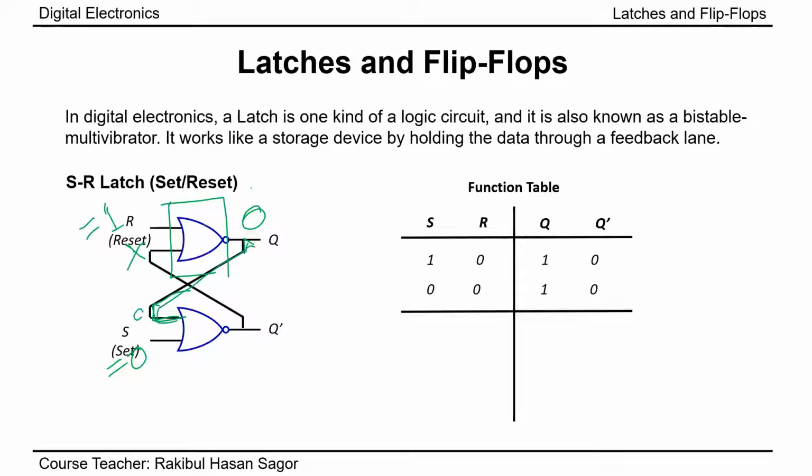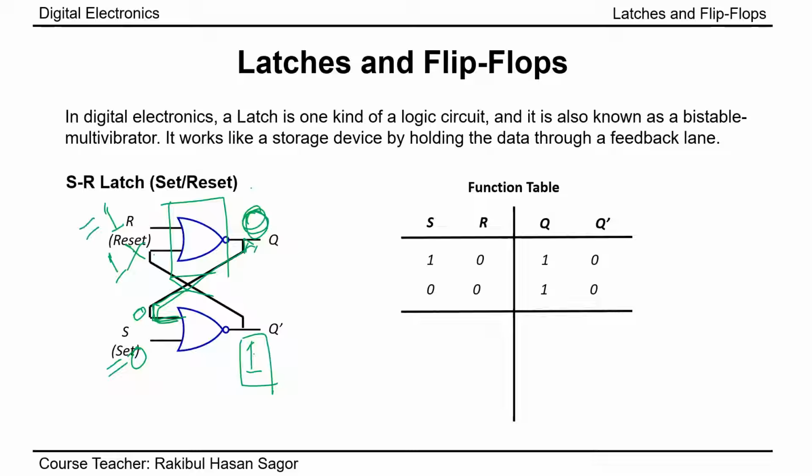Now here we'll have 0 and s equal to 0, another input is 0. Both 0 will give me output 1 here. So this 1 will be appearing at the second input of the upper NOR gate. So in the upper NOR gate we have 1 1. Eventually this 1 1 will give me 0 here, and this 0 will appear at the input of the lower NOR gate, and the 0 0 will give me 1 here.